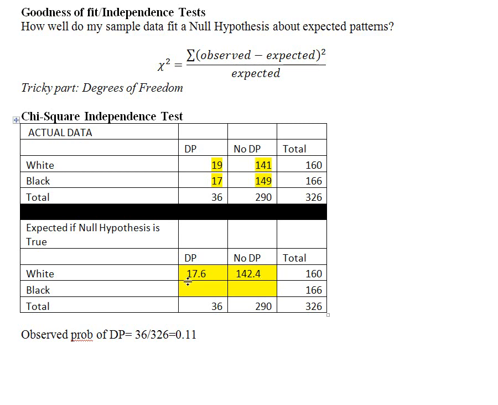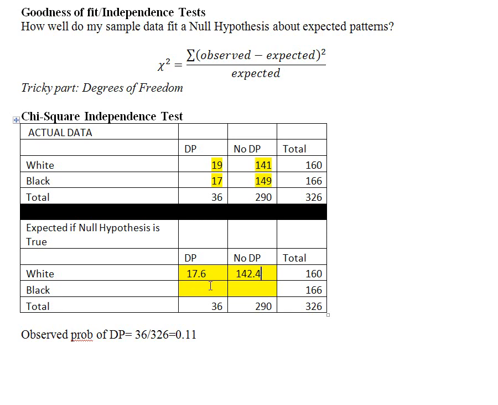Now, also these numbers have to add downward here, that 17.6 plus something will have to equal 36. And so what do you add to 17.6 to get 36? So it's not a real complicated calculation, but I want you to see that that one number determines all the other numbers in the table and what they will be.